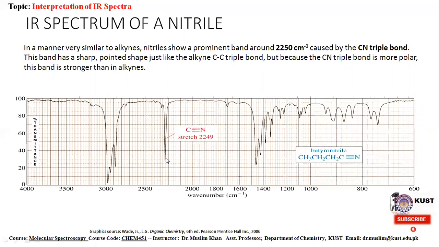This band is very sharp, pointed in shape, just like the alkyne carbon-carbon triple bond, but because the carbon-nitrogen triple bond is more polar, the band is stronger than in an alkyne, showing about 70% absorbance, while in an alkyne it is medium, not very strong. This is how to differentiate the carbon-nitrogen stretch from the carbon triple bond.